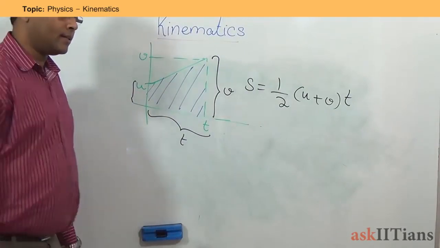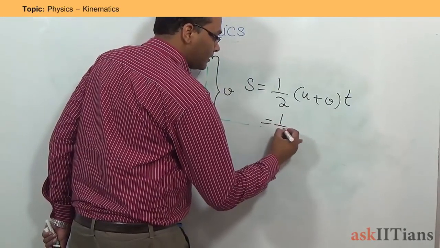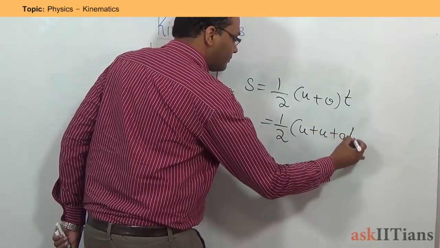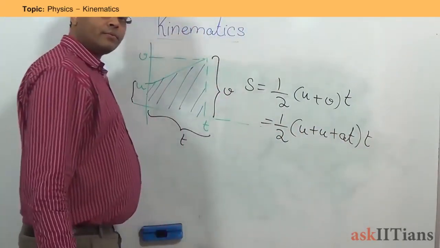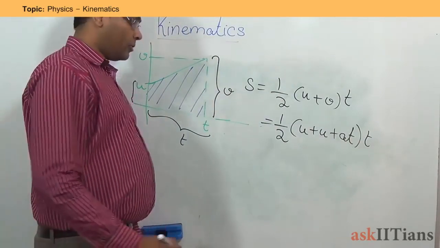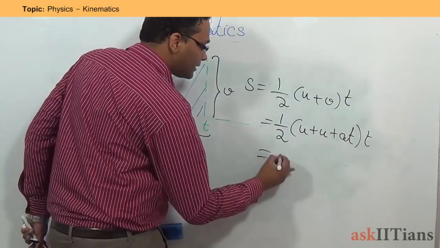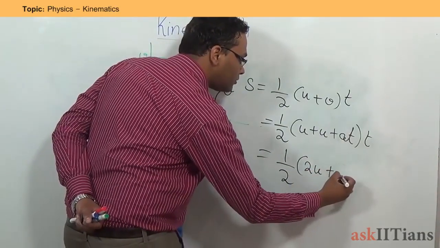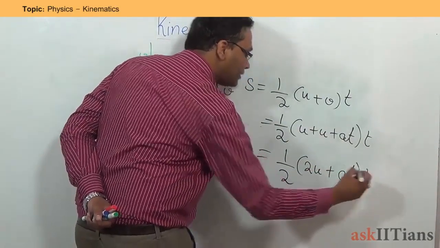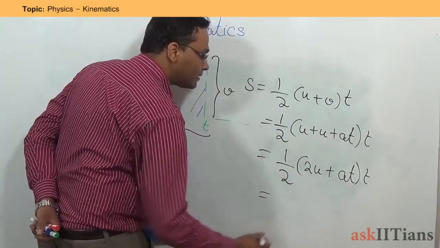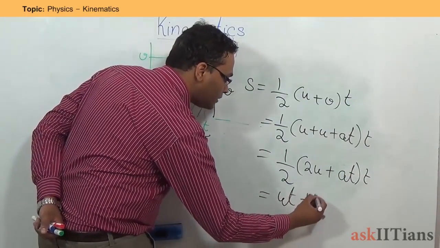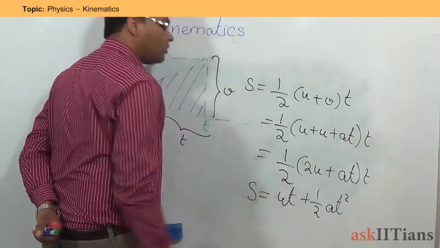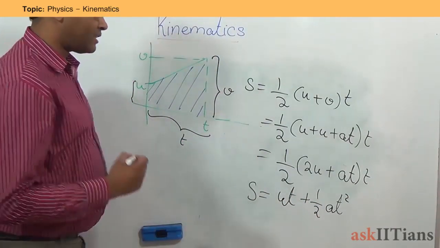But what is v? v can be written as u plus at, so I can simply say half into u plus at plus u, into the time taken t, right? So I can put this as half into 2u plus at, into t, or if I simplify this, this gives me ut plus half at squared. So this is my second expression that we have.